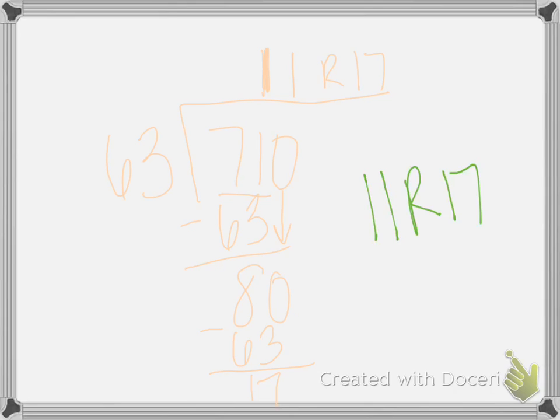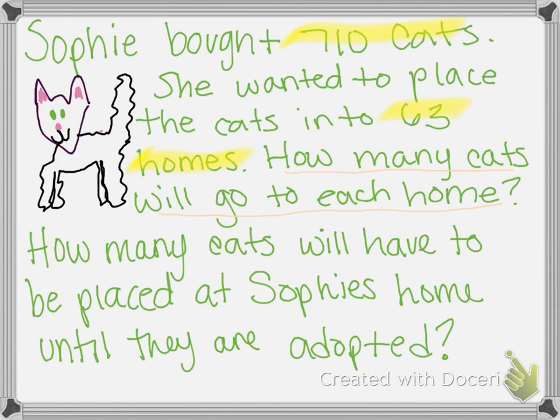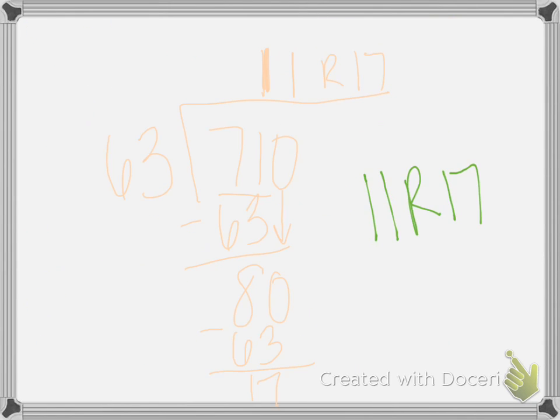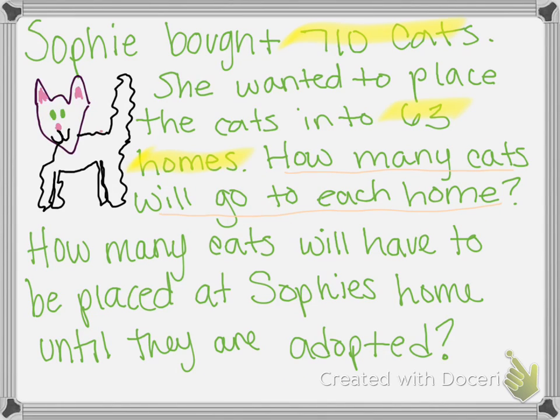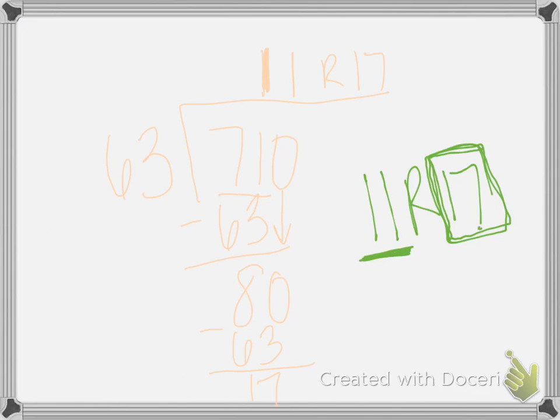So if we go back to look at our question, the first question is, how many cats will go to each home? Well, we know for sure 11 cats will go to each home. We have 17 cats that are left over that can't fit into those 63 homes. So our second question is, how many cats will have to be placed at Sophie's home until they are adopted? 17.